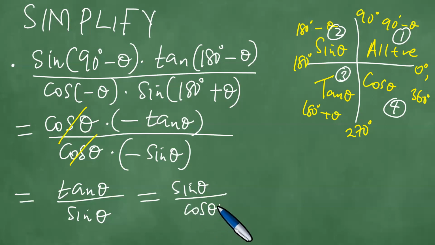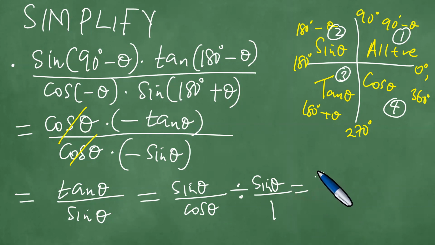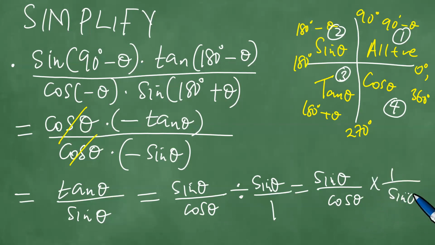Cosine theta. Tan theta is sine theta over cosine theta, which is sine theta over 1. And then here you have sine theta over cosine theta multiplied by 1 over sine theta.